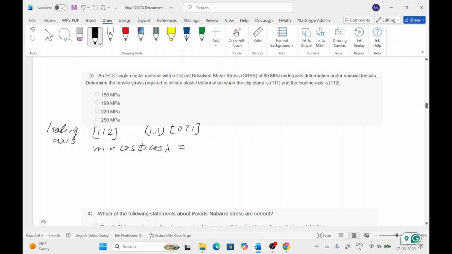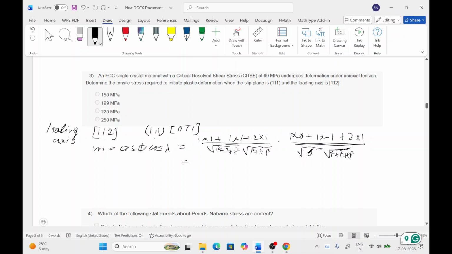This will be the loading axis and the slip normal. So 1 into 1 plus ... divided by root of 1 square, 2 square, and ... multiplied by 1 into 0 plus 1 into minus 1 plus 2 into 1, divided by root 6 and root 1 square plus 0.